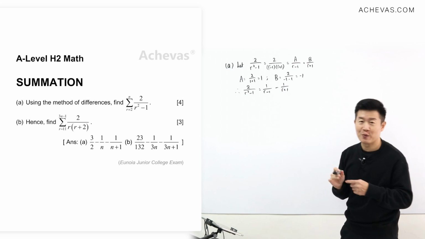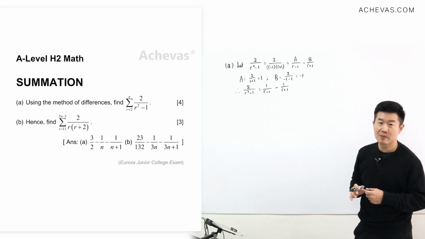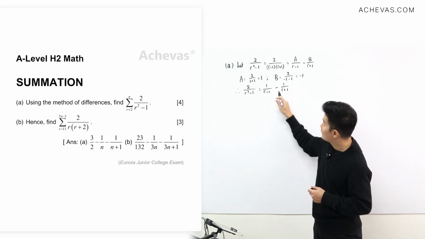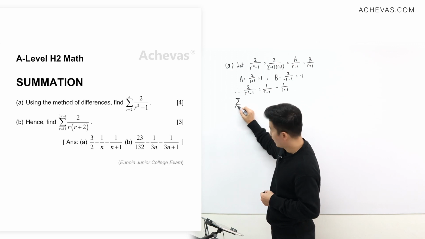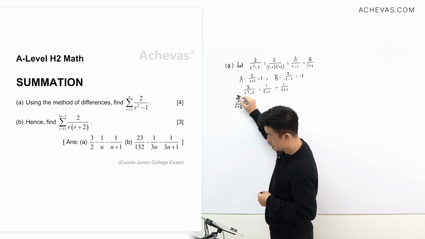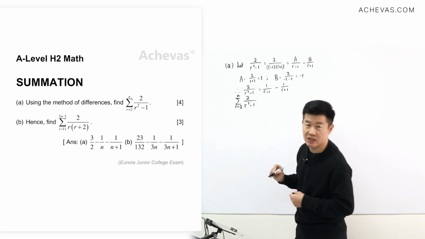And now we are ready to give it a try, to evaluate this summation by making use of the method of difference. We are going to evaluate the summation from r equals 2 all the way until n of 2 over r squared minus 1.